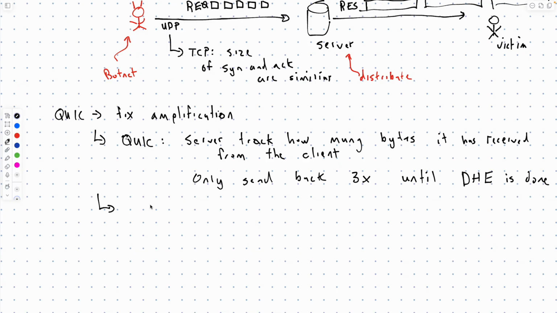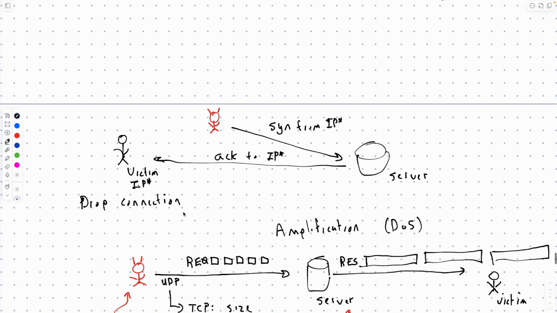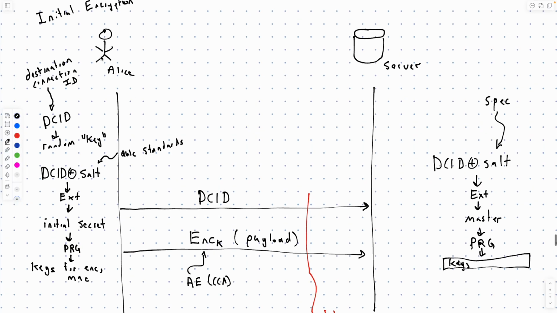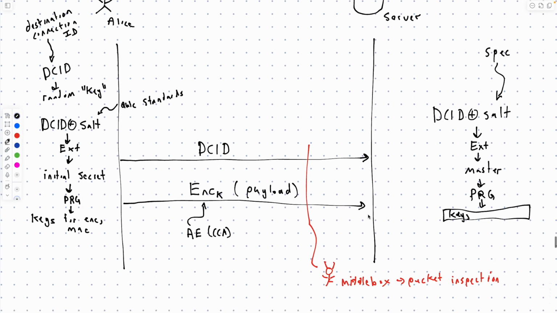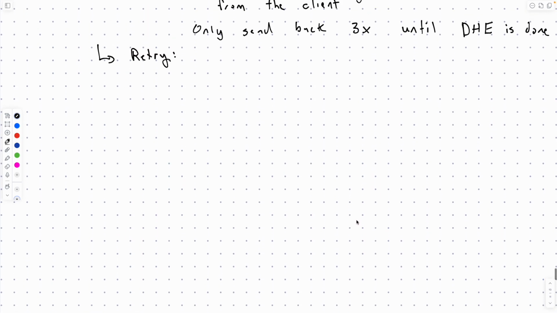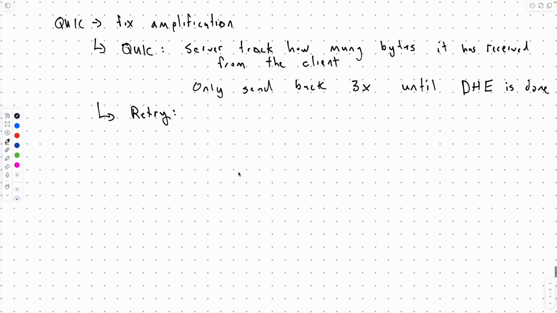Another thing that QUIC can do is a retry. With the retry method, Alice will send the DCI and the payload, and the server will say, wait a minute, I don't want to talk to you yet. I'm going to send you a random challenge, and I want you to repeat that challenge back to me.